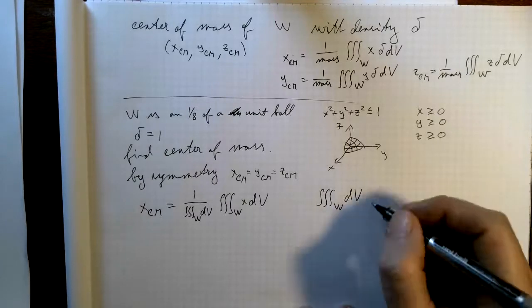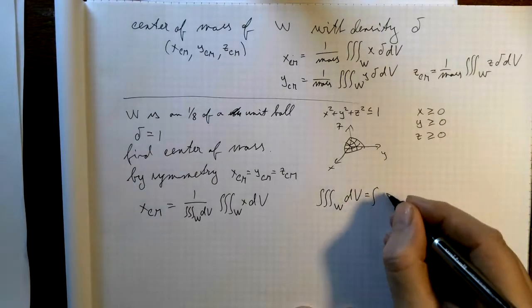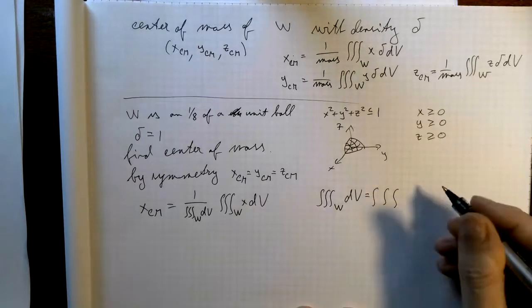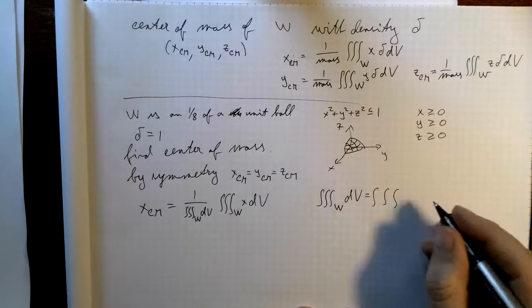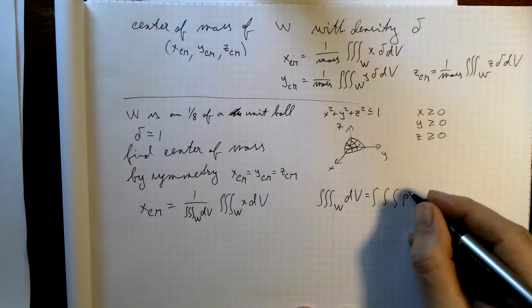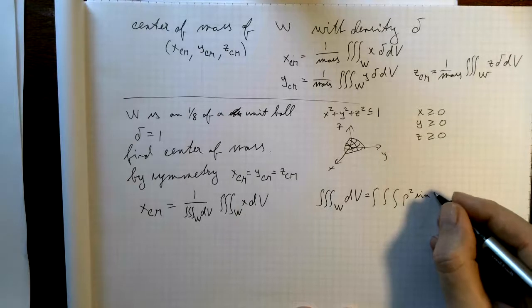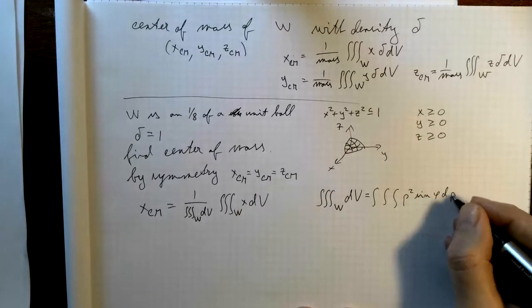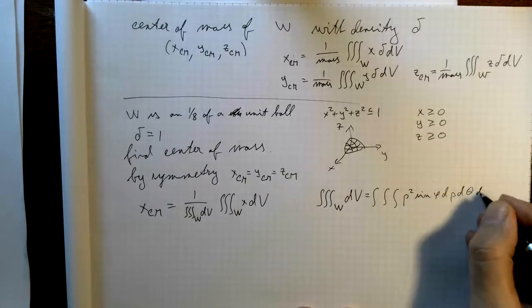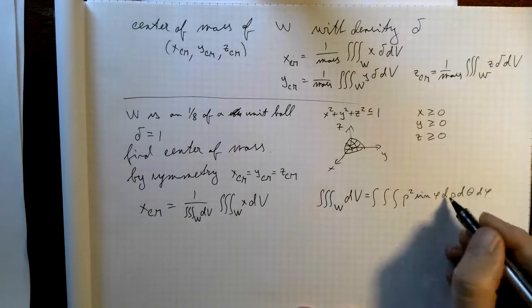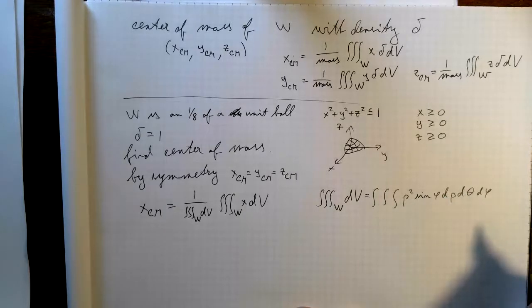We have to figure out how to parameterize this object. So we will have rho squared sine phi d rho d theta d phi. Again, this is a spherical box, so I can put these in any order that I want.